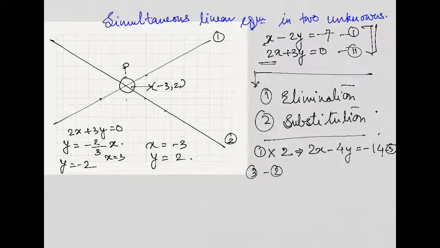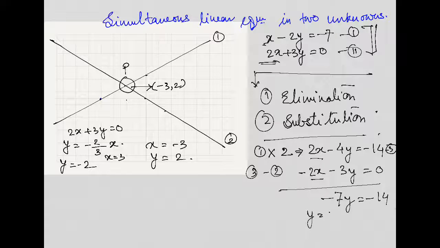So I am writing my third equation first and subtracting the second equation from this. Minus 2x minus 3y equals 0. By doing so, I am eliminating 2x. So I am having minus 7y equals minus 14. So y equals 2.